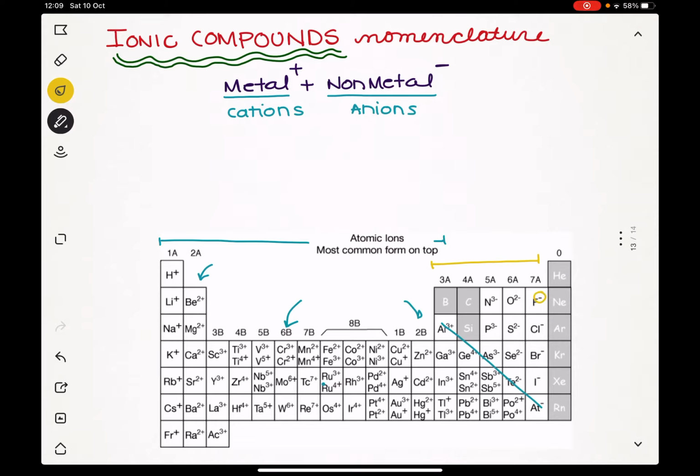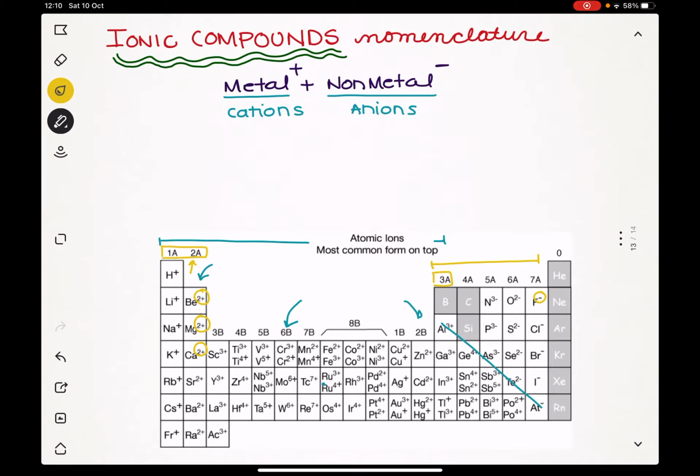Another thing that we should mention is that groups A, when we have a positive charge, only work with one charge, and that charge is the number of the group. So if this is group 2, we have a 2 plus, a 2 plus, a 2 plus.